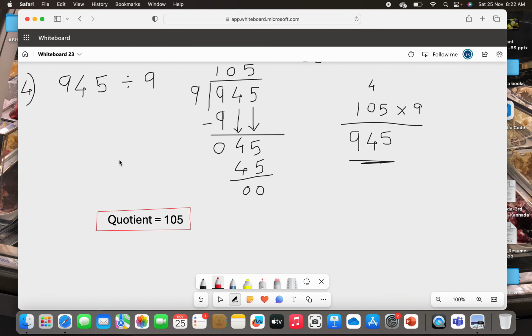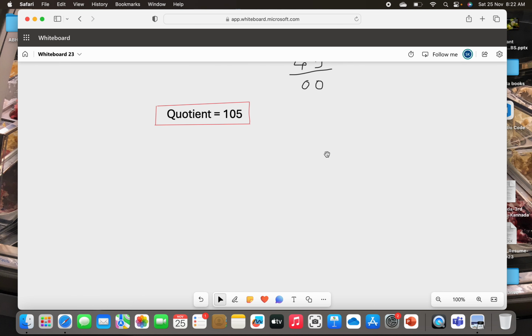The 13th one, 102 divided by 3. See here. I'll show you the 13th one, which is 102 divided by 3.